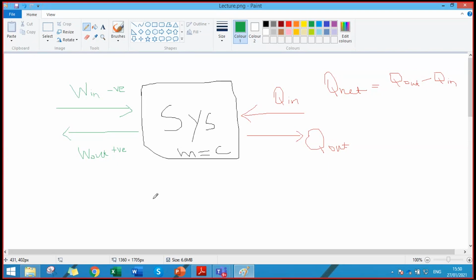We take work in as negative and work out as positive. Based on that, you decide that this is the convention, and if I'm getting net work as positive, it means that I'm getting work from the system. If Q net is positive, it means that the system is releasing heat into the atmosphere, or I am supplying heat to the system, depending on your convention. Clear?